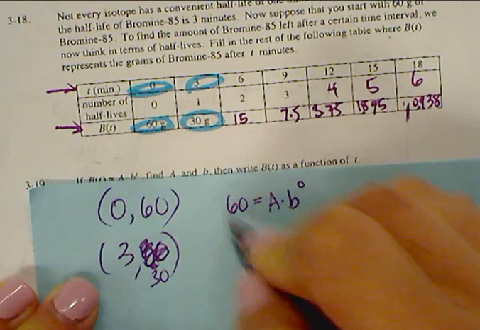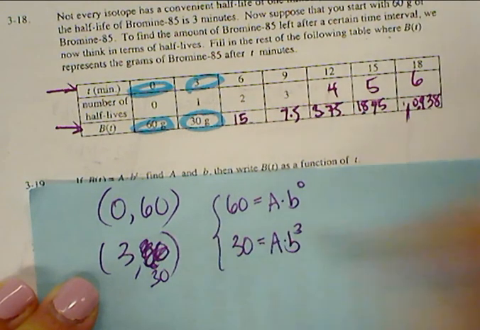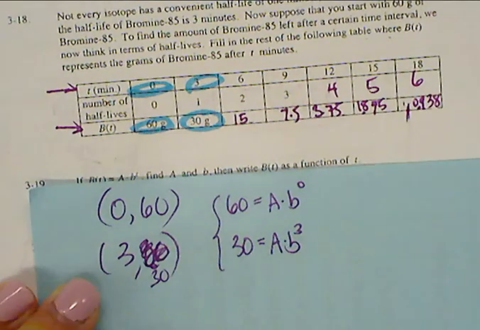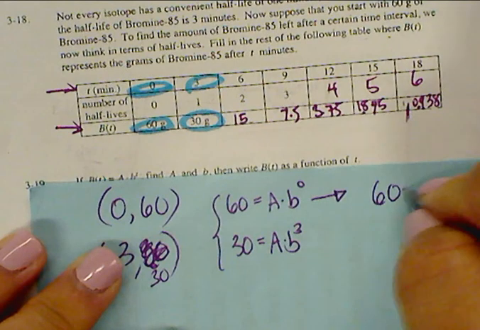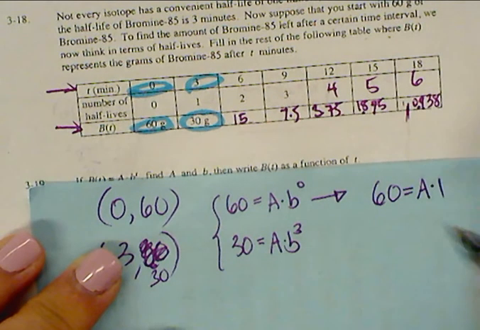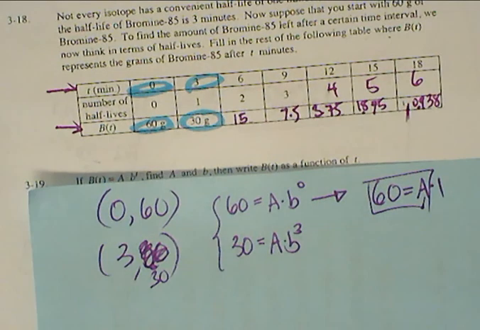Conveniently, the b goes away by itself, because 60 equals a times 1, because b to the 0 is 1. What do you call it on a graph when x equals 0? The y-intercept, which is the starting point, remember?